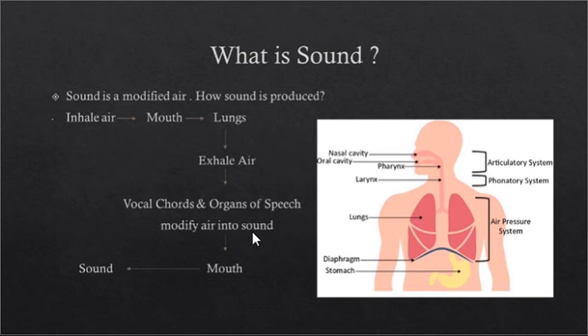For example, a, e, k, p, b, d, g. And we have in the English language 44 sounds. These 44 sounds are produced with the help of these organs of speech and the vocal cords.